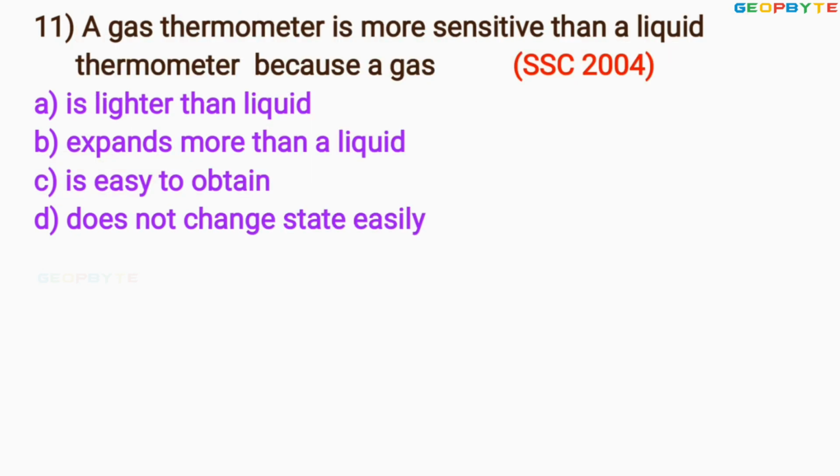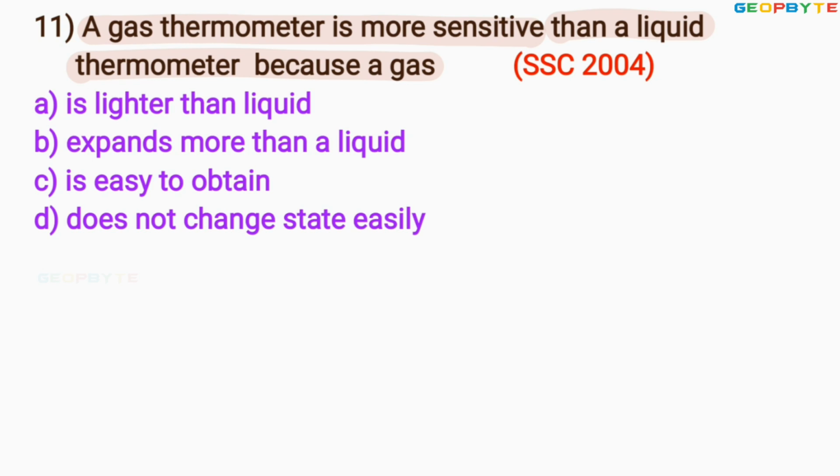Similarly, look at the next one. A gas thermometer is more sensitive than a liquid thermometer because, dear friends, remember, gas is a compressible material. Since gas is compressible, it can expand at a more rapid rate than a liquid. That is the reason gas thermometers are more sensitive than liquid thermometers.